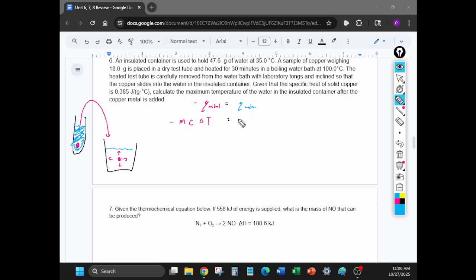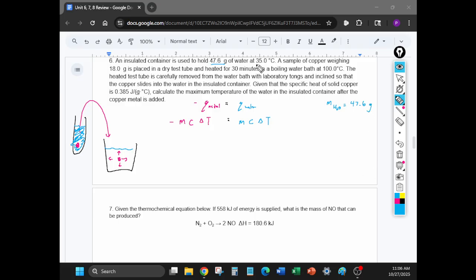And then on the right side, you're going to have the mass of the water, the C of the water, and the delta T of the water. Okay? And so let's plug in the values that we have. First, an insulated container is used to hold 47.6 grams of water. And so the mass of the water is going to be 47.6 grams. Okay, so far so good? I'll list them out right here on the side. The mass of the water is going to equal 47.6 grams.